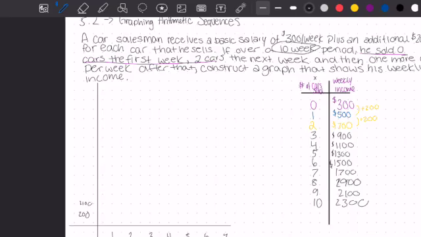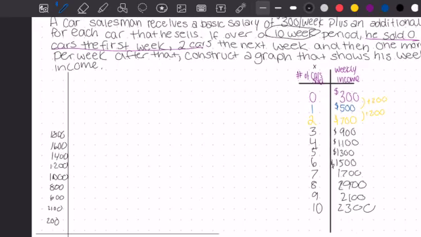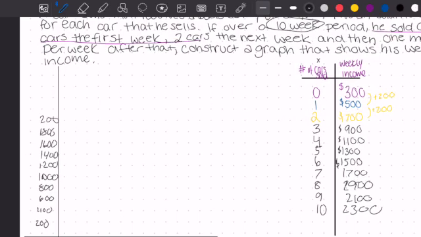So 200, 400, 600, 800, 1,000, and then 1,200. Sorry, I forgot what I was doing. 1,400, 1,600, 1,800, 2,000, 2,200, and 2,400.